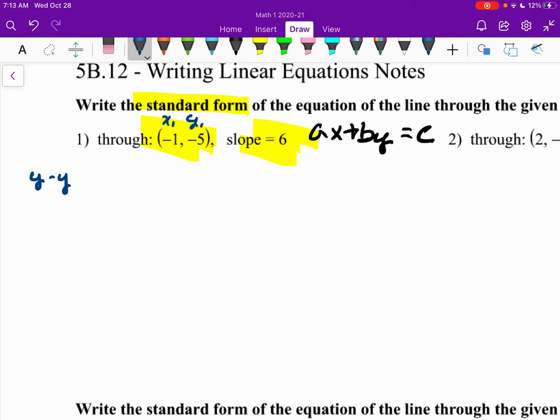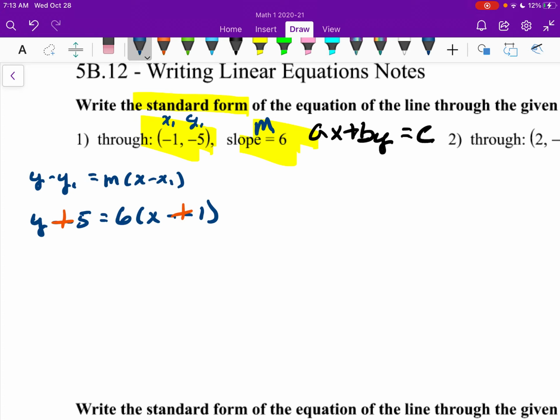y minus y1 equals m times x minus x1. And I'm going to plug in, here's my m. So I'm going to have y minus negative 5 equals 6 times x minus negative 1. We should say those double negatives go to positive, and they do.